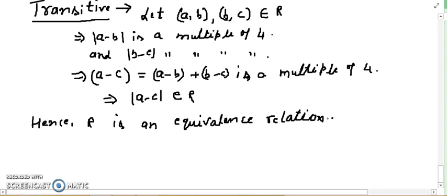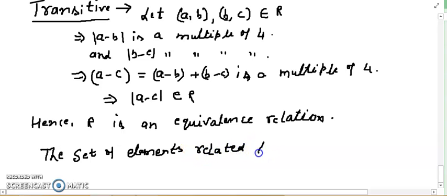So the set of elements related to 1 is {1, 5, 9}.